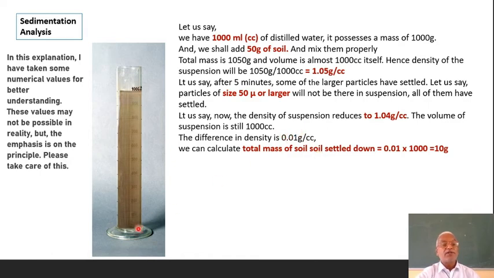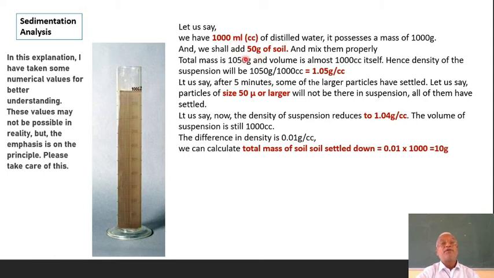This is nothing but the particles which have settled down. We can calculate the total mass of the soil settled down: 0.01 gram per cc, but we have got 1000 cc, so 0.01 multiplied by 1000 is 10 grams. So the total mass of the soil which has settled down is 10 grams.